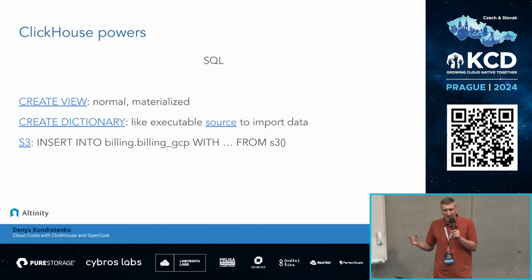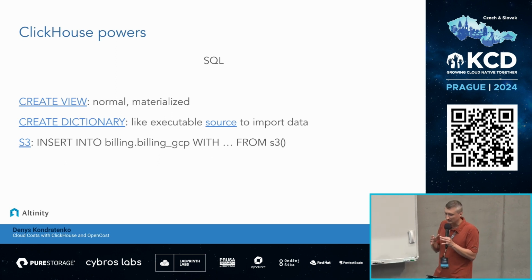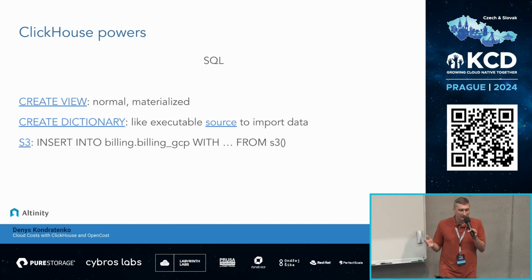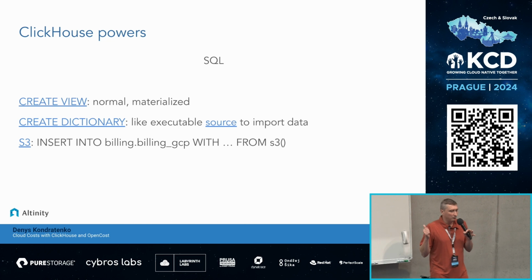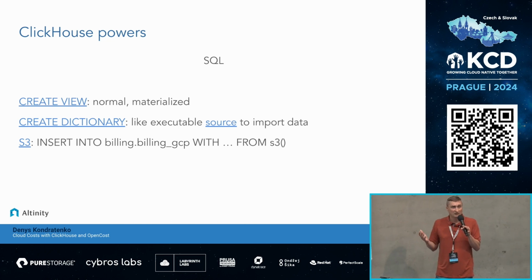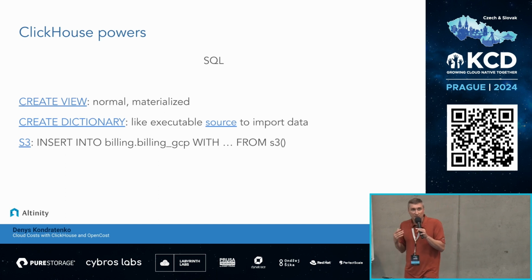Second, aggregating all of this data into something that could be used by an application, UI, or Grafana. We use both materialized and simple general views, which either store it in memory or just store it on disk.